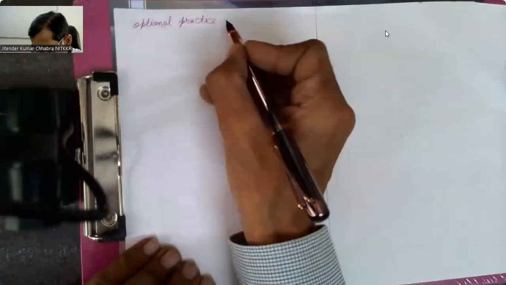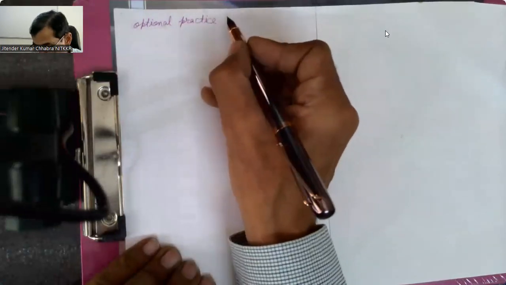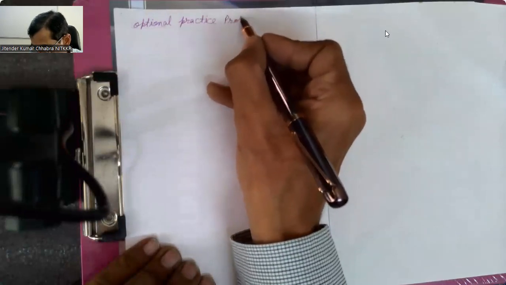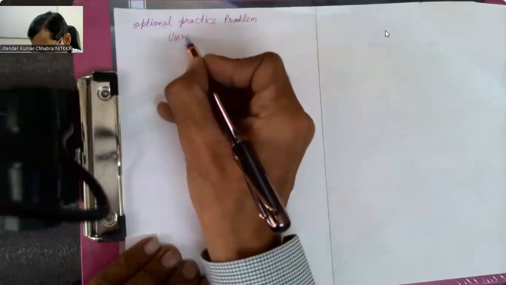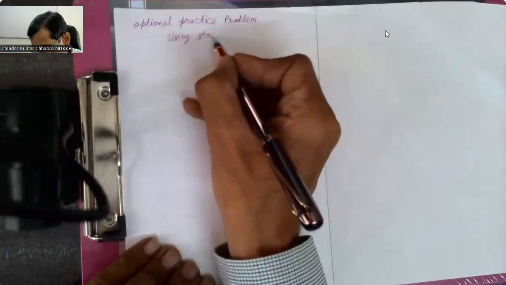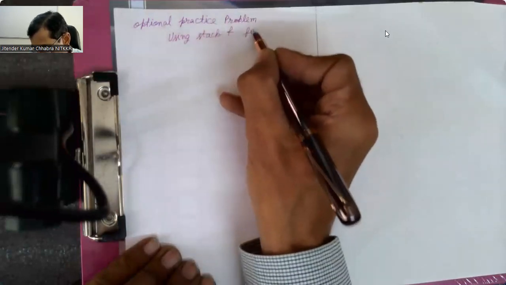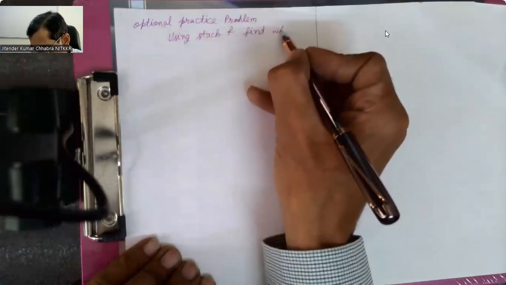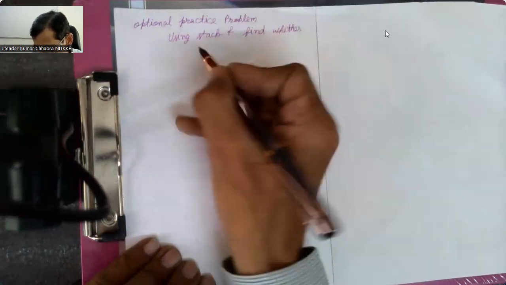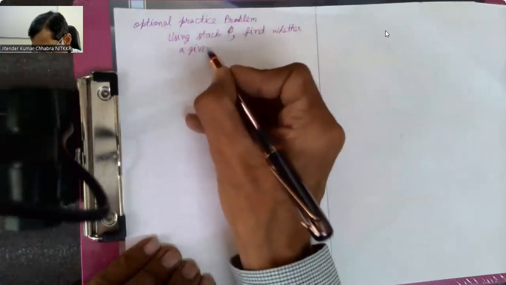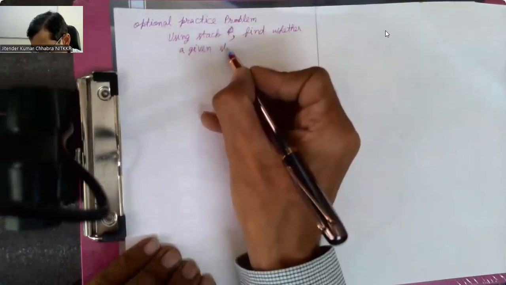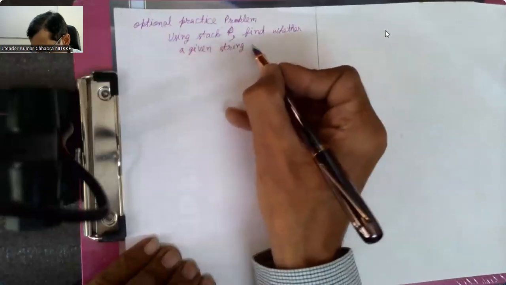The stack you must implement along with all operations, and the optional practice problem I'm giving you is to use stack and find out whether a given string is palindrome or not.